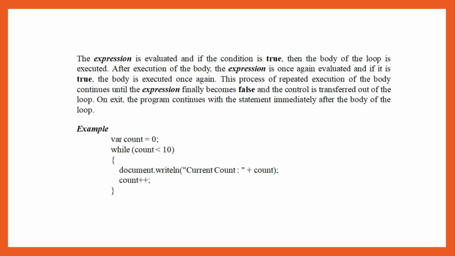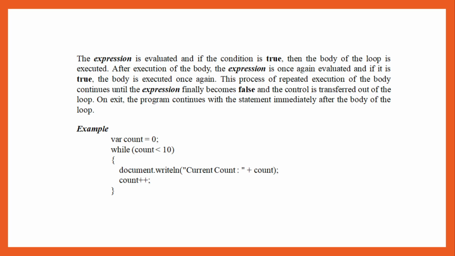The expression is evaluated and if the condition is true, then the body of the loop is executed. After the execution of the body, the expression is once again evaluated. If it is true, the body is executed once again.